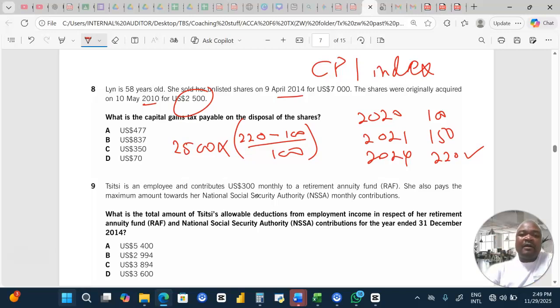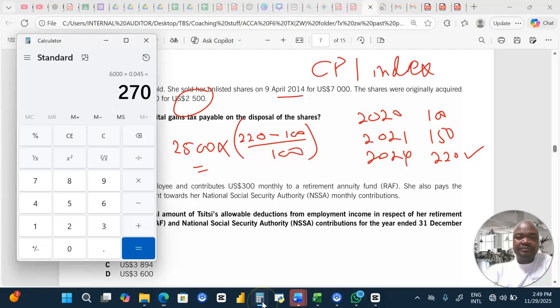All right, now this should give us an index of the cost. This should be 220 minus 100, that's 120, isn't it? Over 100, multiplied by 2,500.